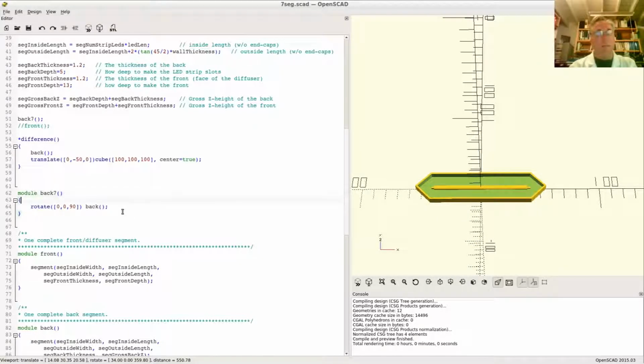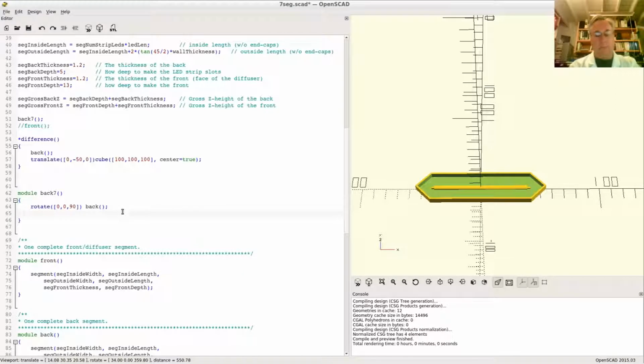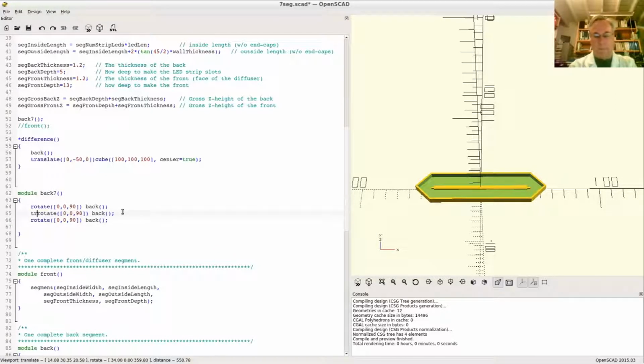Now to do the top one and the bottom one. Well, the only difference between the top and the bottom is where they are. So they're not going to move in X. They'll move in Y. The top one will move up somewhere. And then not going to move in Z either.